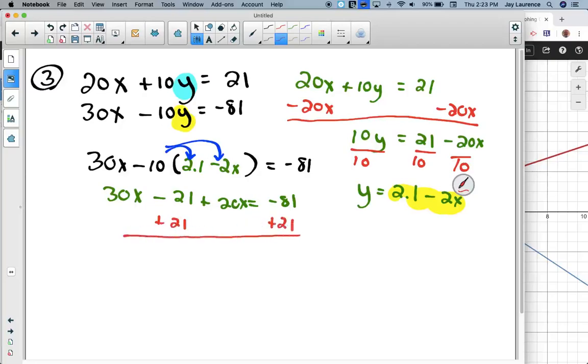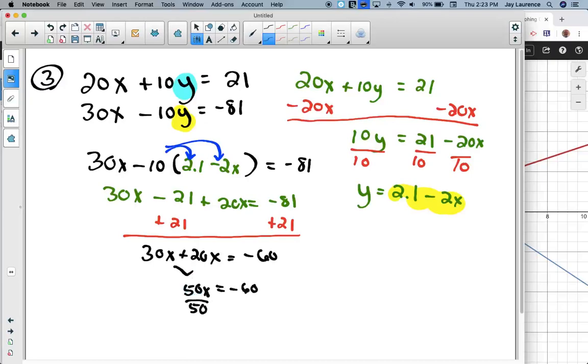And now I will know that 30x plus 20x equals negative 60. So this is going to be positive 50x equals negative 60.